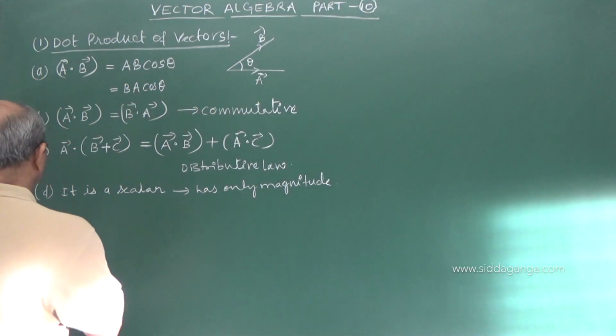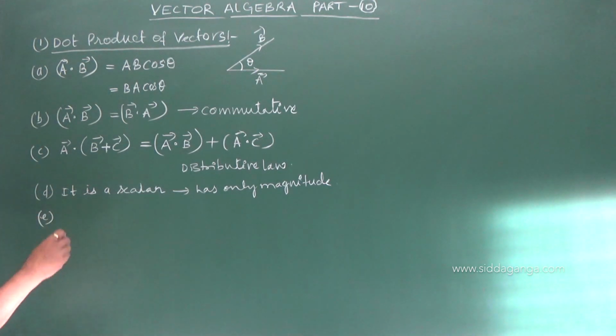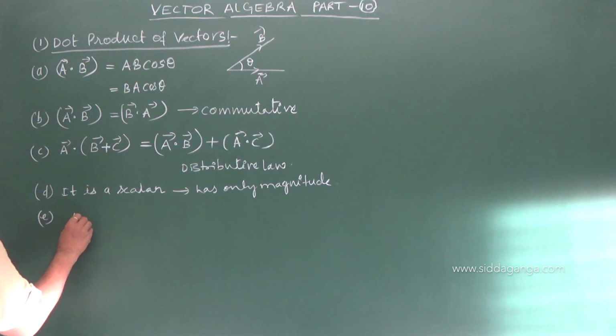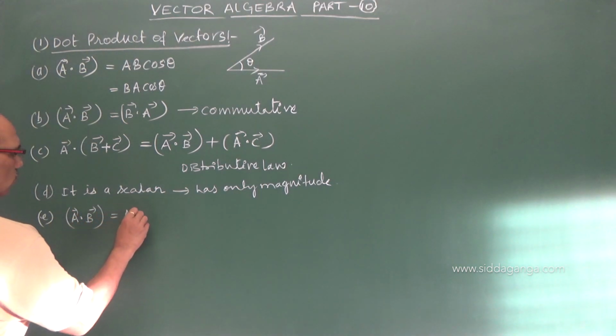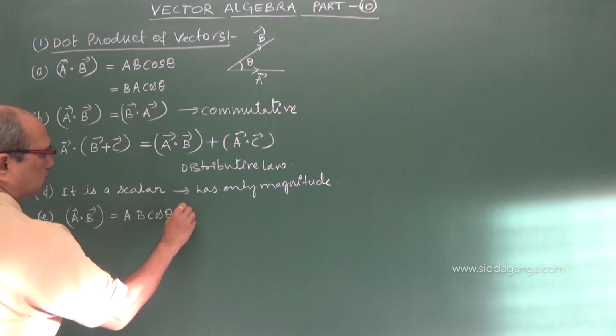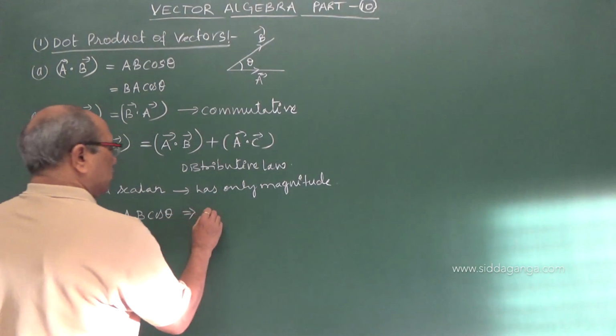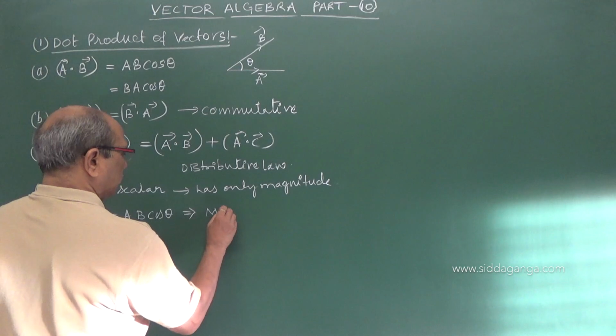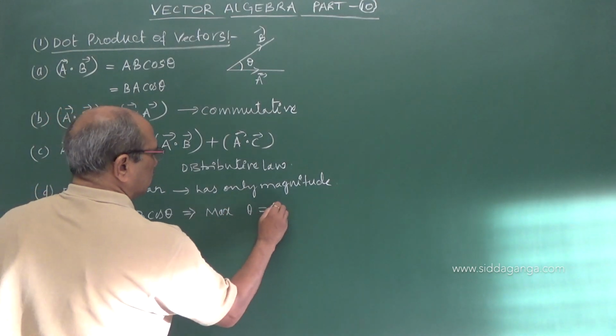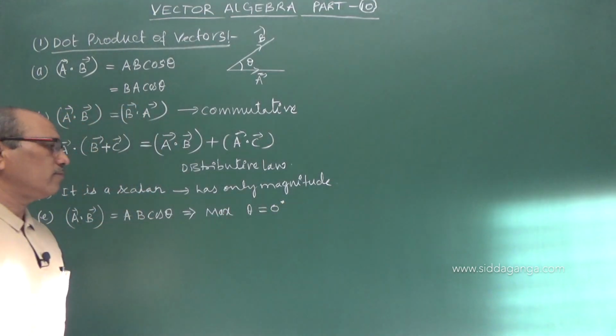And coming to when we take A dot B equal to AB cos theta, it will be maximum when theta is 0 degree.